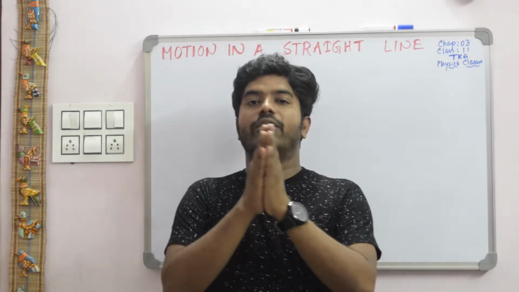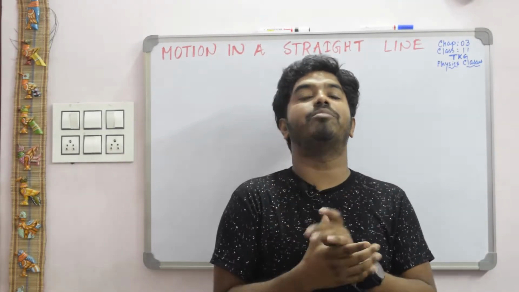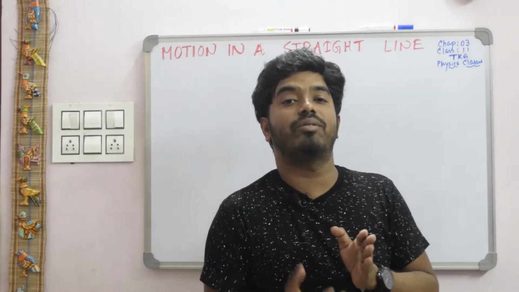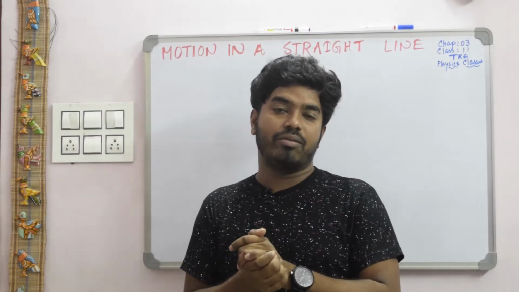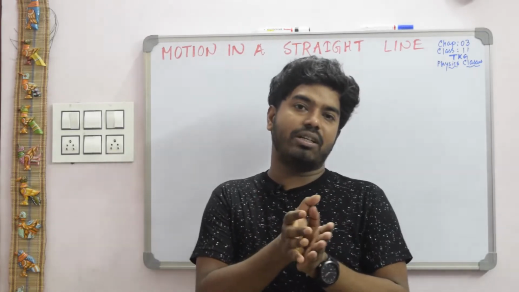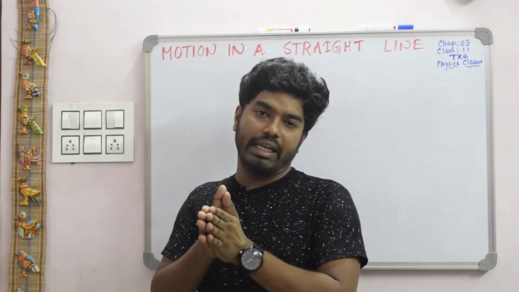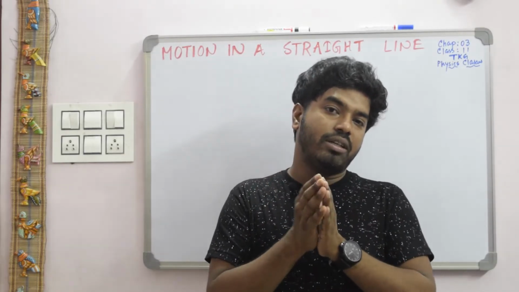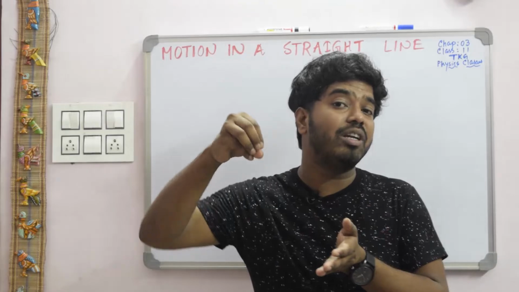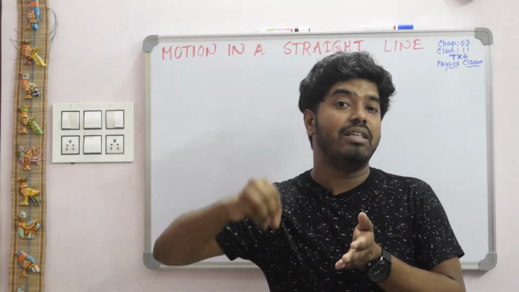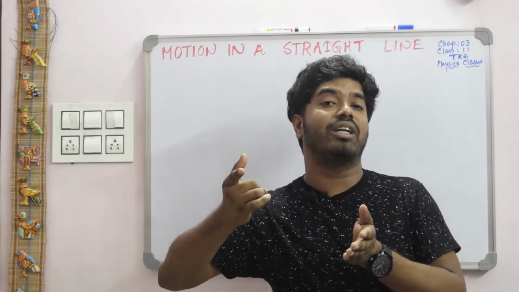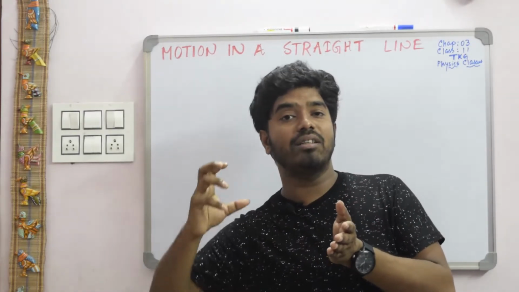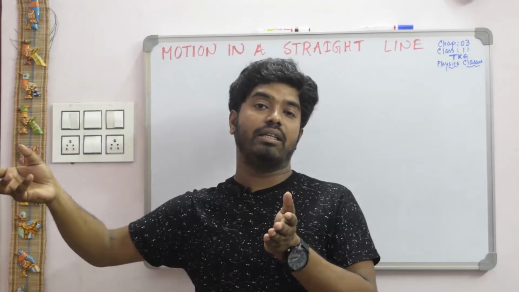Now rest and motion are related terms. It depends upon the observer, the viewer. For example, a passenger sitting on a moving train is at rest with respect to the surrounding passengers, but he is in motion for a person who is outside of the train.